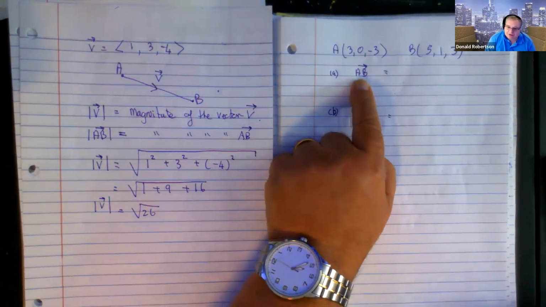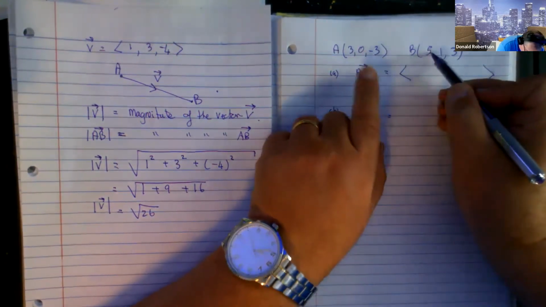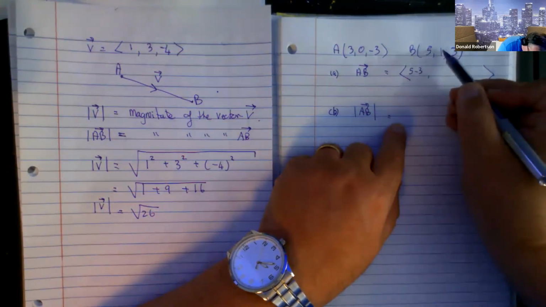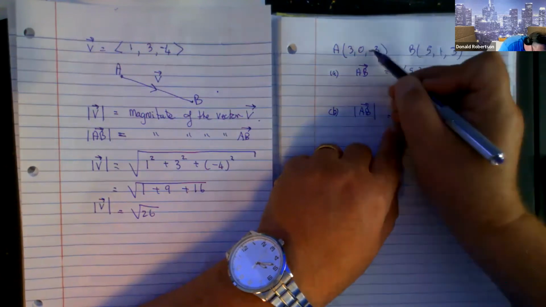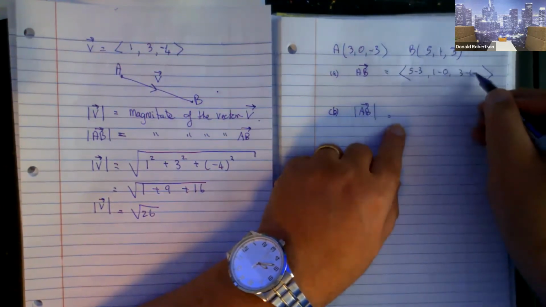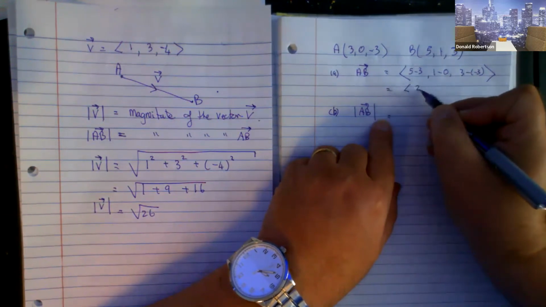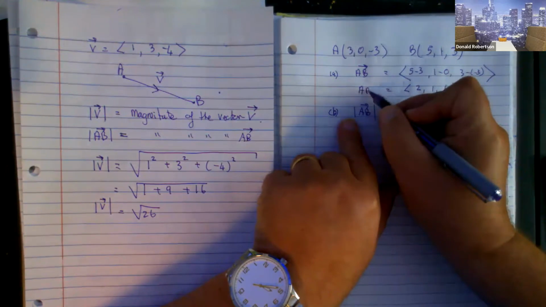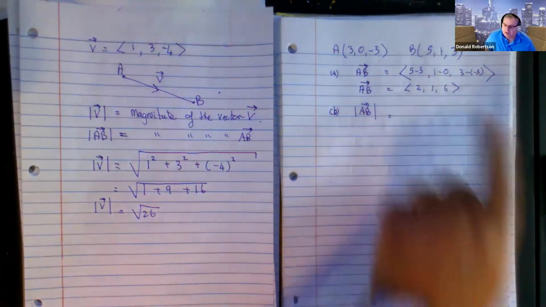To get the vector AB, we've already done questions like that. Second, take away the first. 5 take away 3. 1 take away 0. And 3 take away -3. And that becomes 2, 1, 6. So the vector joining A to B would be 2, 1, 6.